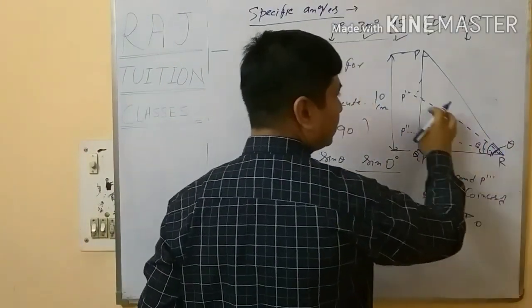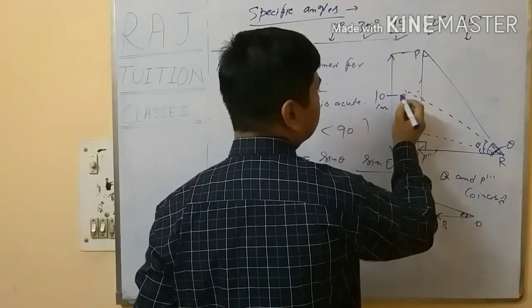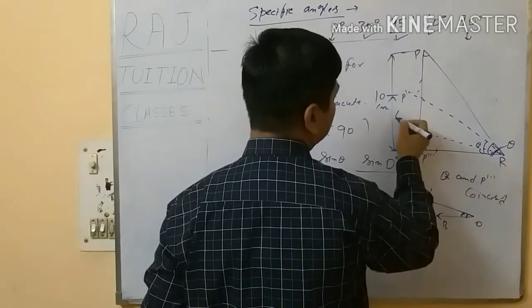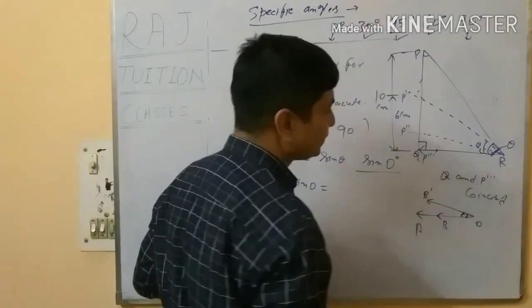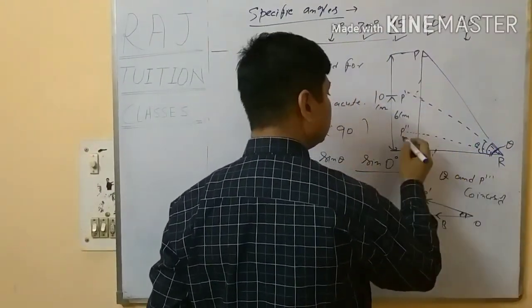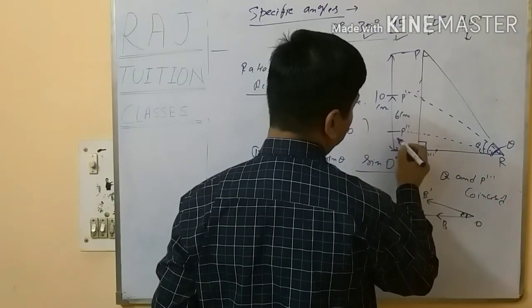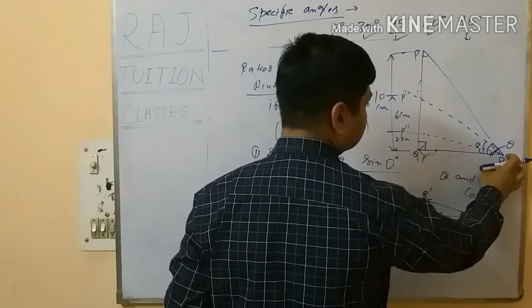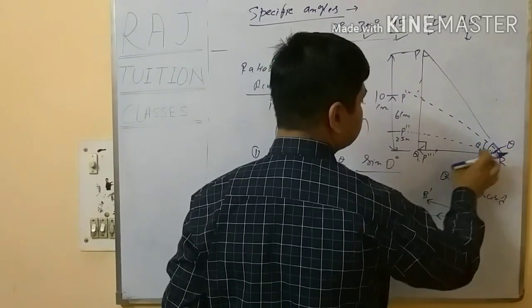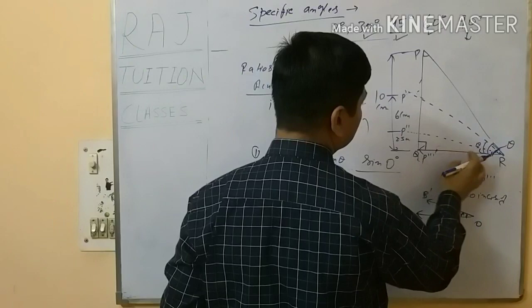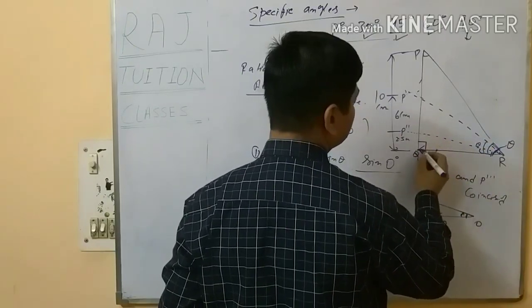When I reduce the value of theta, this also reduces, and let's say it becomes 6 centimeters. When I further reduce theta, it reduces, and suppose it becomes 2.5 or something. When theta becomes 0, then the value of the perpendicular or the side opposite will become 0.